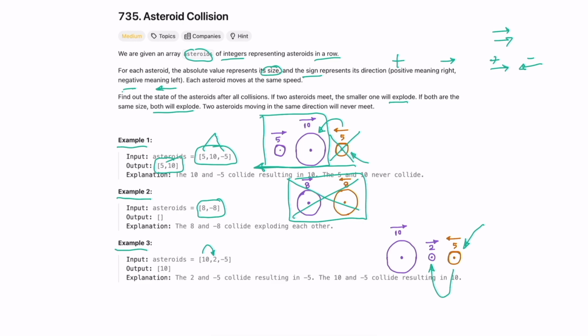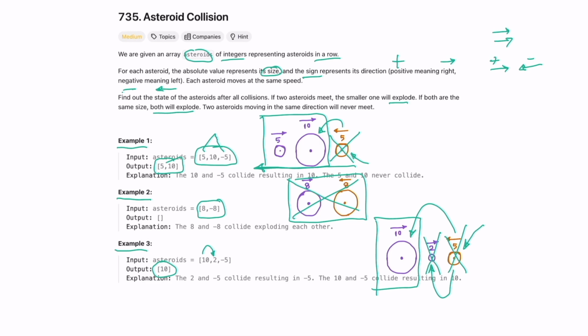Since the second asteroid is smaller, it will explode. The remaining 2 asteroids are moving in opposite directions, so the third asteroid will collide with the first asteroid. Since the third asteroid is smaller, it will explode. Finally, after all the collisions, only the first asteroid survives, and we return the array with only the first asteroid.